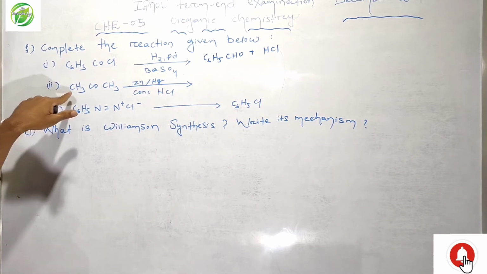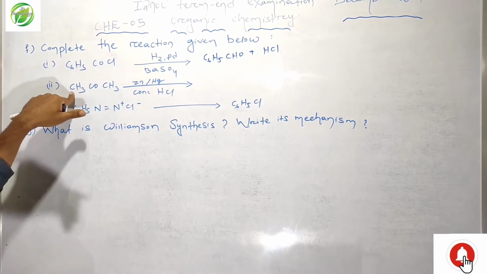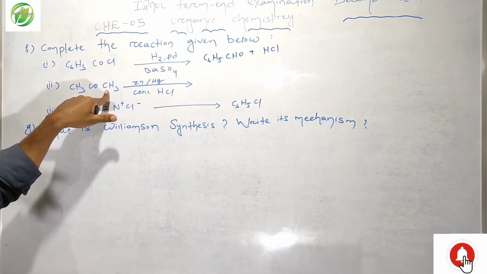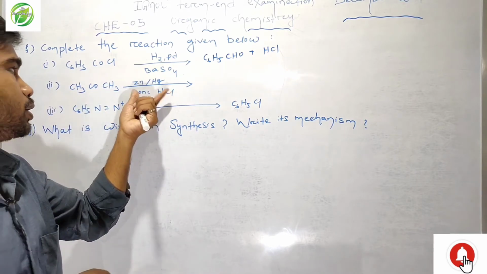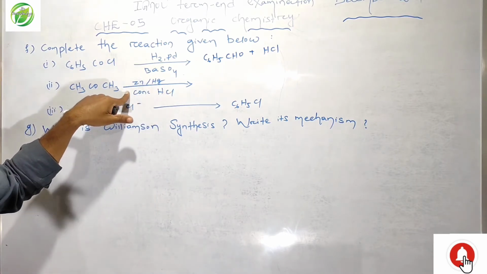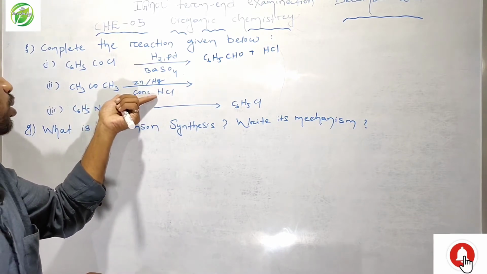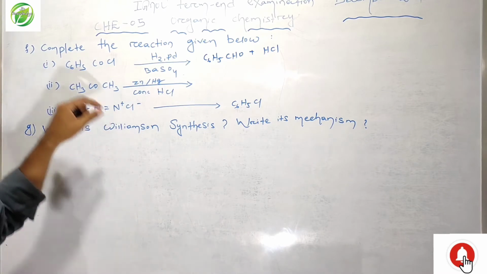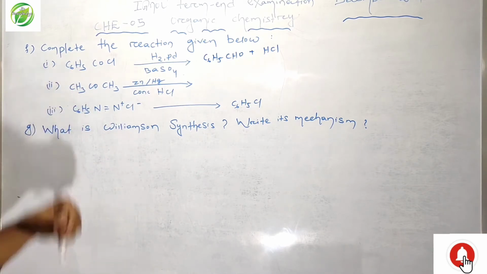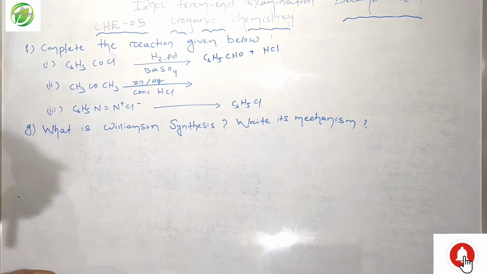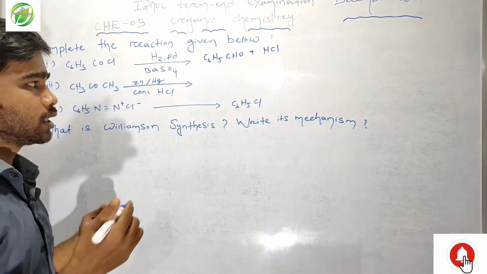The next question, CH3COCH3. This is a ketone. When a ketone reacts with zinc amalgam and HCl, friends, this is a reduction reaction. This reaction's name is the Clemmensen reduction. This is a typical reduction reaction.